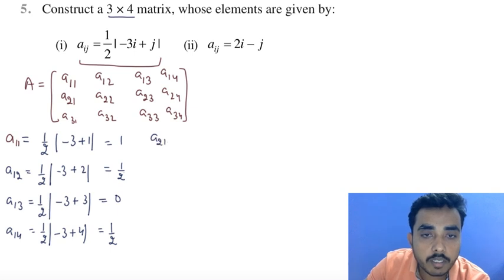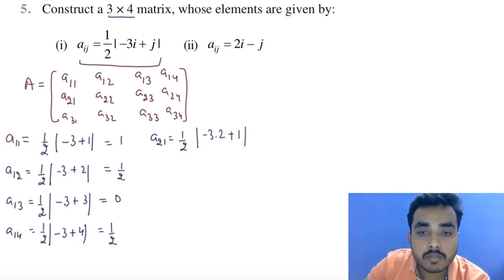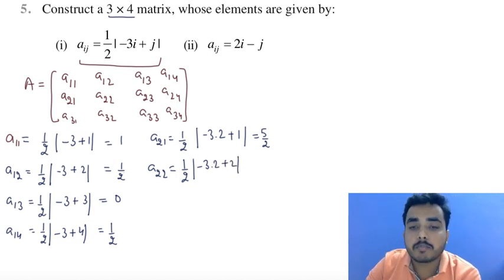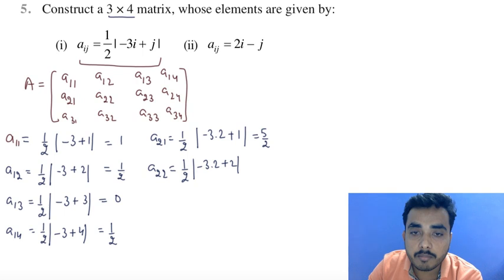Now A21. This is 1 by 2 minus 3 into 2 plus 1. Minus 6 plus 1 is plus 5 because of modulus. So this is 5 by 2 now. A22. This is half minus 3 into 2 plus 2. Minus 6 plus 2 is minus 4, after modulus this is plus 4 by 2 is 2.